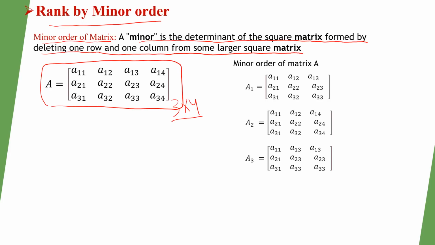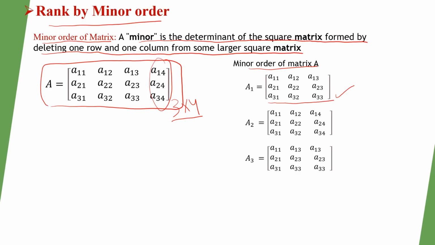So first we write the order 3 cross 3 minors. If we delete the last column, we get a matrix A1.